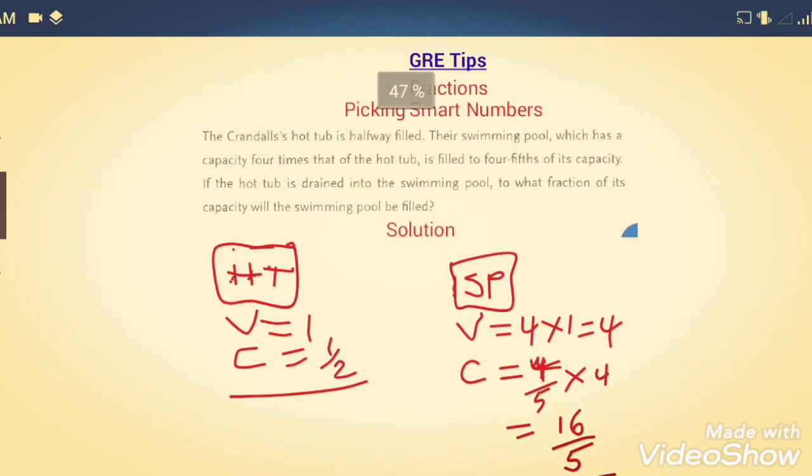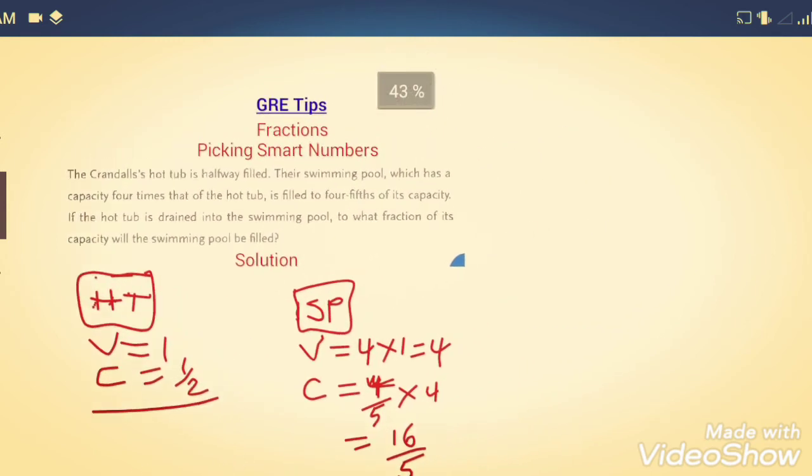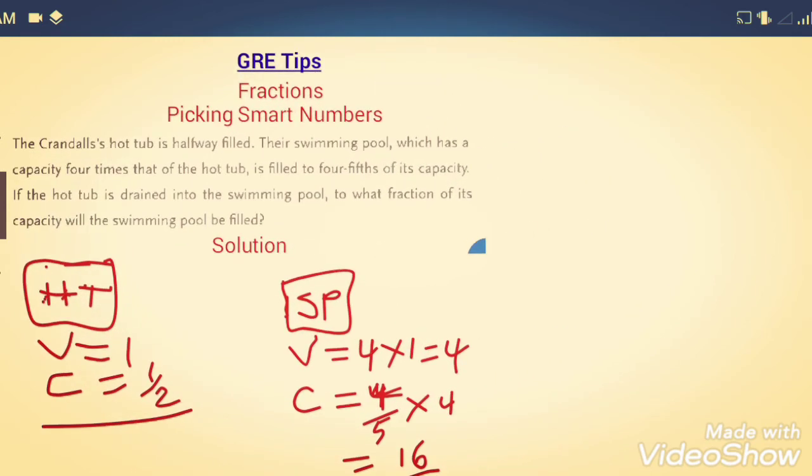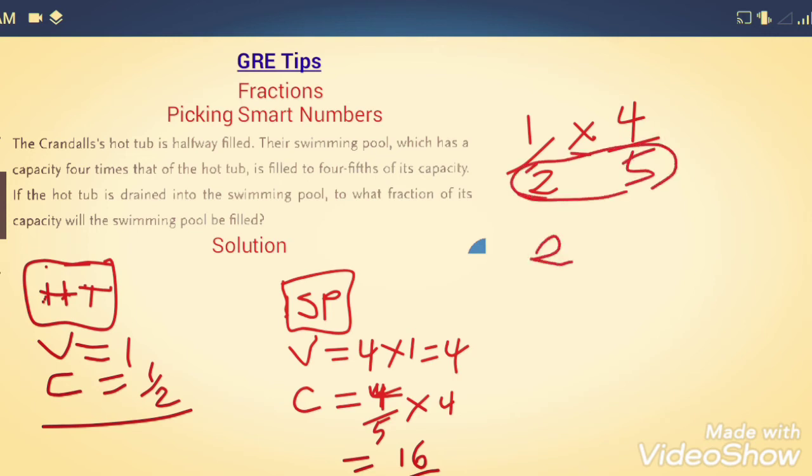Now for the GRE method, basically what you do is you bring out the fractions in the question. The fractions are half and 4/5. So you multiply the denominators. 2 times 5 is 10.